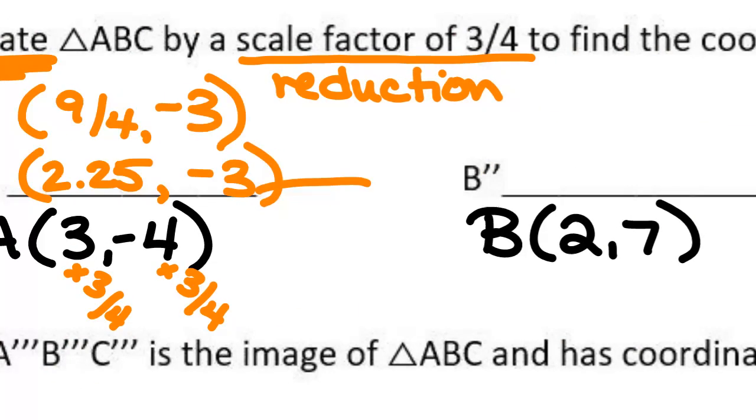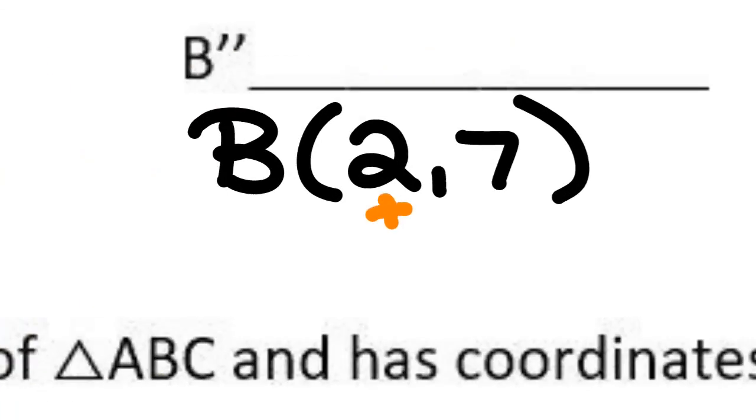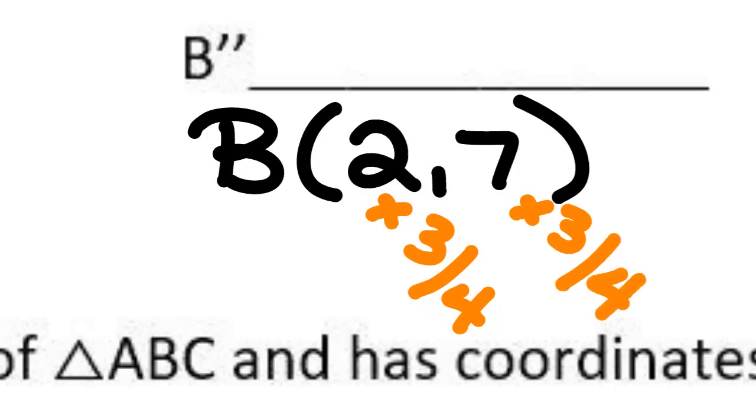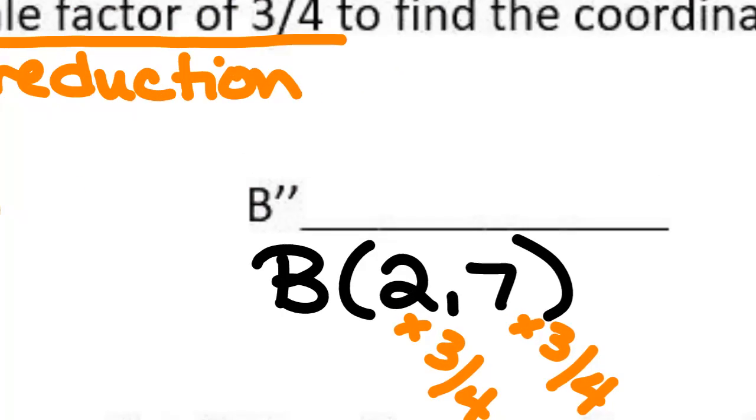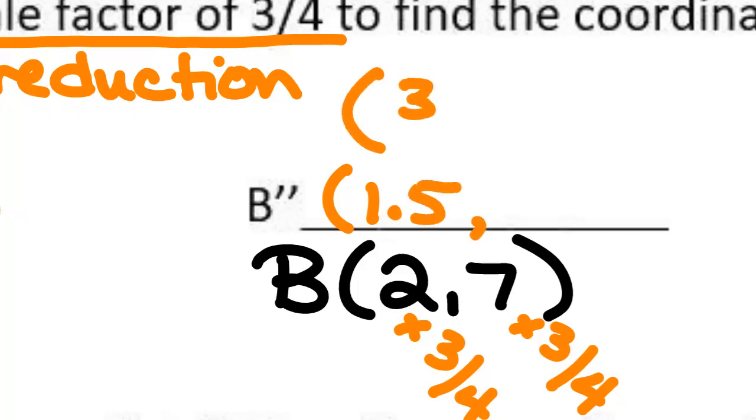Then we do the same thing with point B. We have to multiply the x part and the y part by 3/4. What is 2 times 3/4? 1.5, or if it's in its fraction form, that would be 3/2. And 7 times 3/4. 5.25.